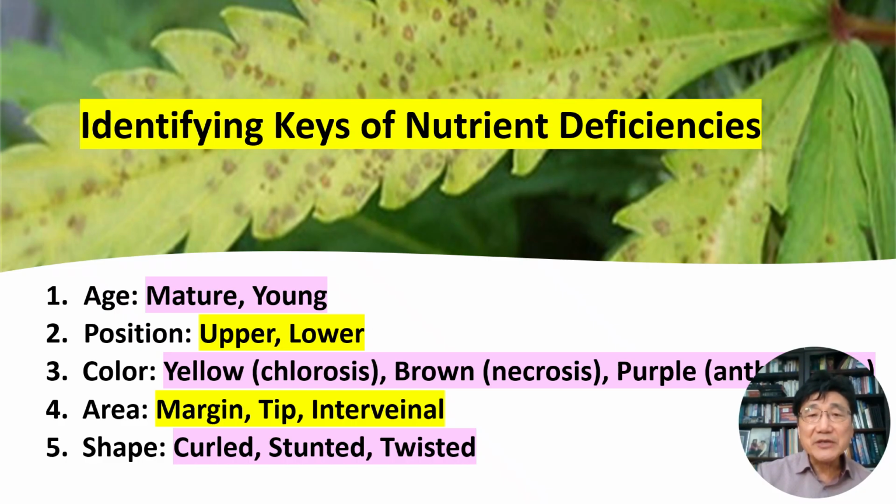Chlorosis originally means the loss of green color, a yellowing condition. Chloros originated from the Greek for green, and the suffix -osis indicates a condition or a state. It means yellowing of leaves.